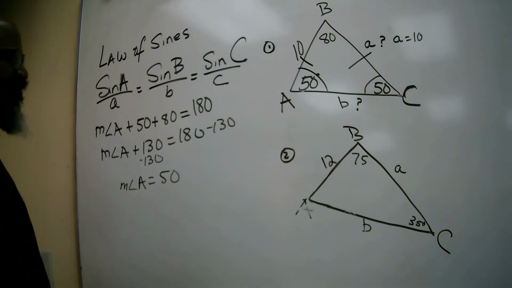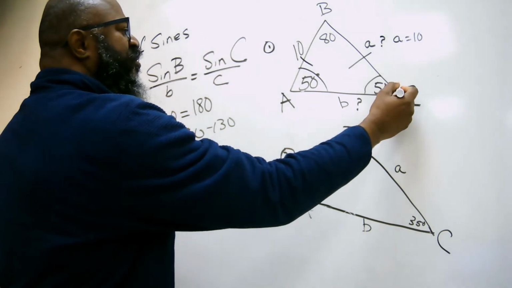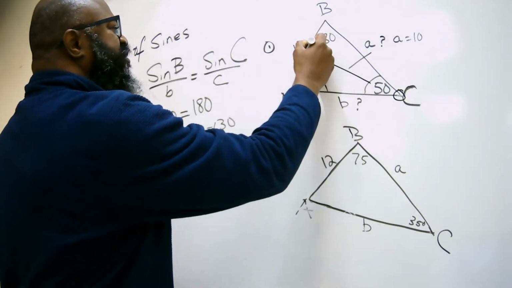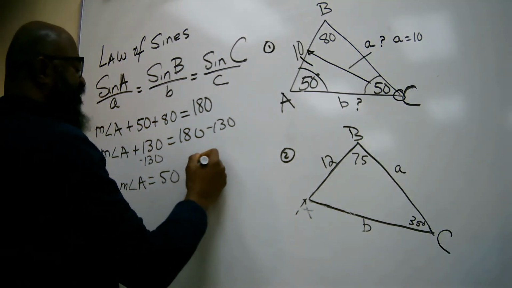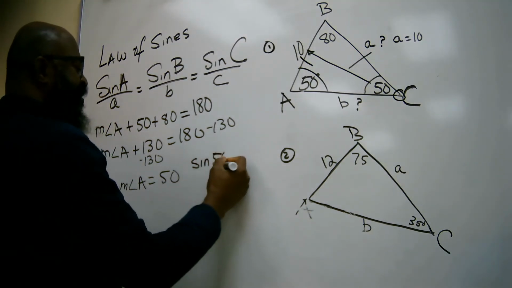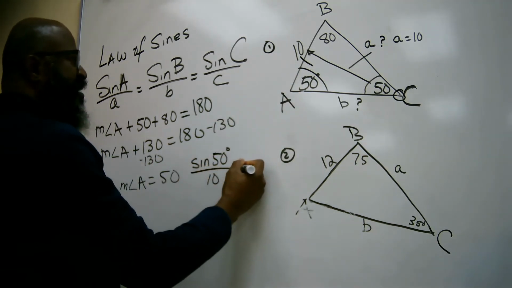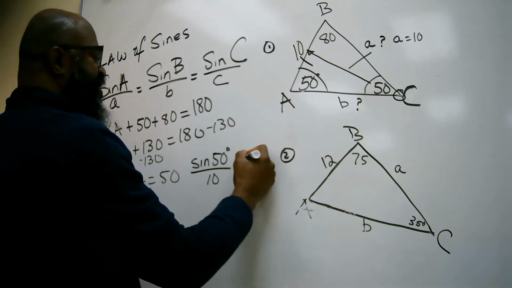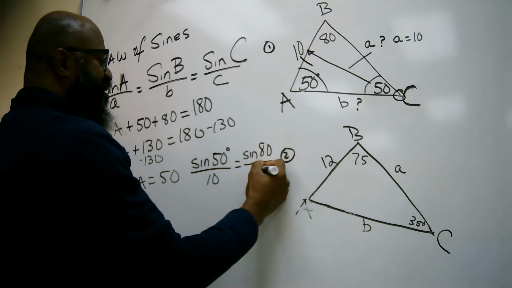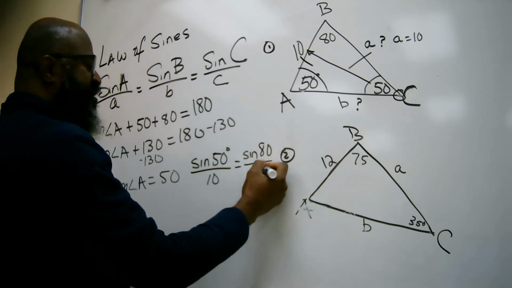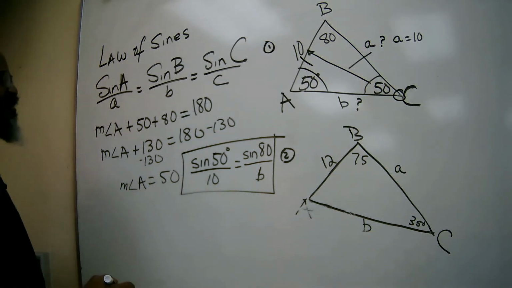So the first thing that we have to do, we're going to use that as our starting point. We know angle C and we know the side that is opposite to it. So we can set up sine 50 over 10 is equal to sine 80 over B. Then that will be my equation. The only thing I have to do is cross multiply, and the calculator will do the rest for me.